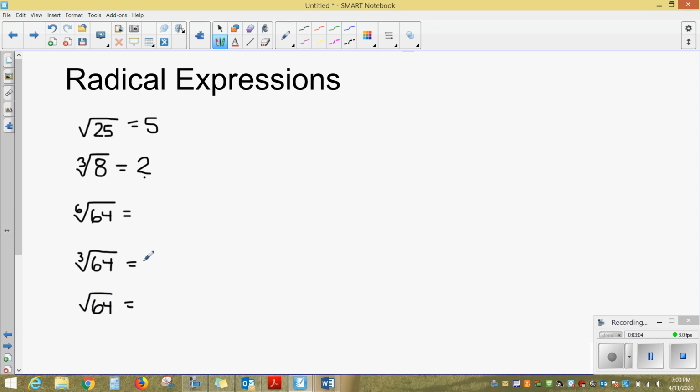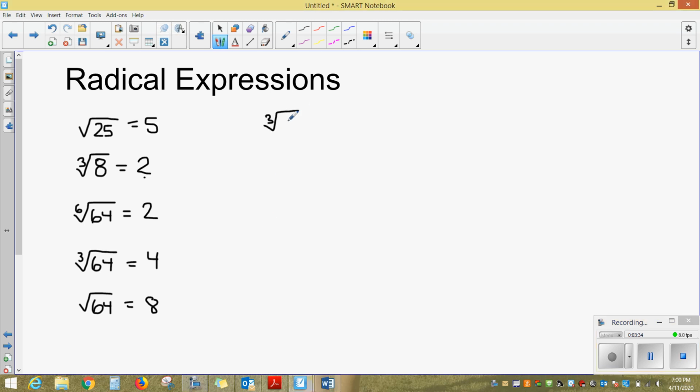So here in a moment, pause the video and see if you could determine what times itself 6 times is 64, or what times itself 3 times is 64, or what times itself is 64. And then turn it back on when you want to make sure that you're right. So 2 to the 6th is 64, 4 cubed is 64, 8 squared is 64. So that's what we have.